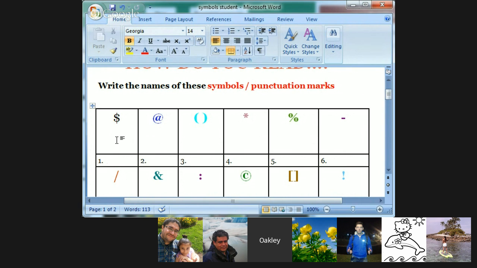Heidi, number one, the almighty. Plus. Yeah, plus. I wish it was plus. This first one here on the chart. Number one. What is it called? American dollar. American dollar or dollar sign sometimes?